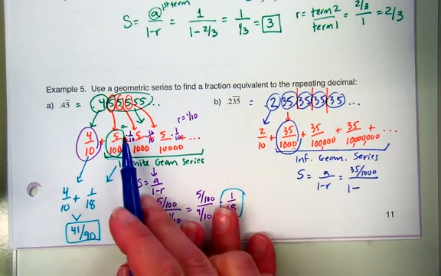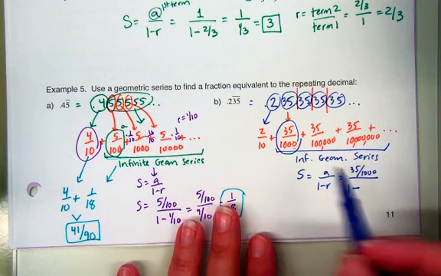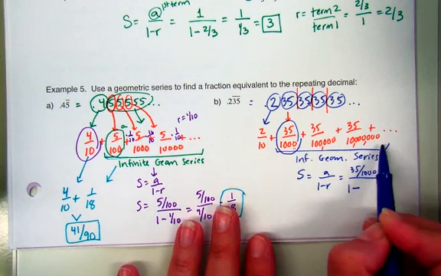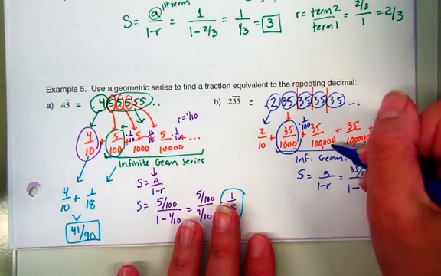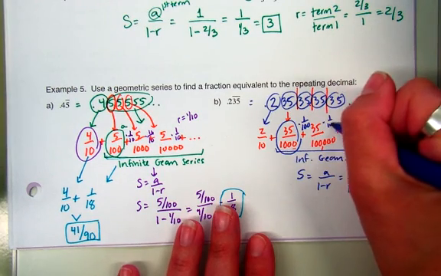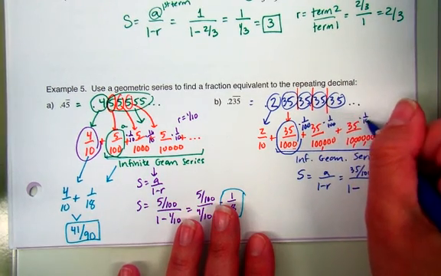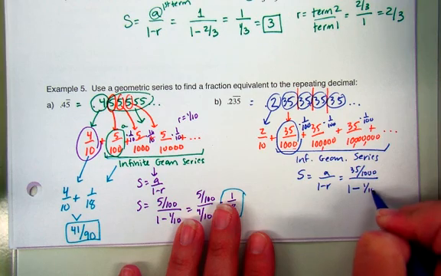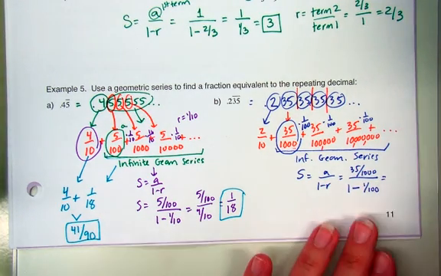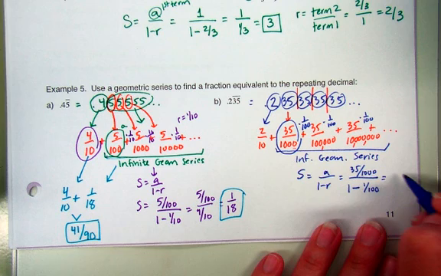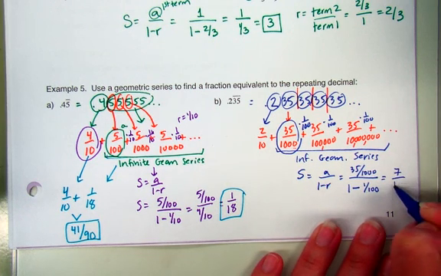Over here I was multiplying by 1/10 each time. But for this one, notice I'm going up by 2 zeros, so I need to multiply by 1/100, 1 over 100 each time. And so my R is 1 over 100. And if you work this out and reduce it, trust me, using your calculator, you should get 7 over 198.